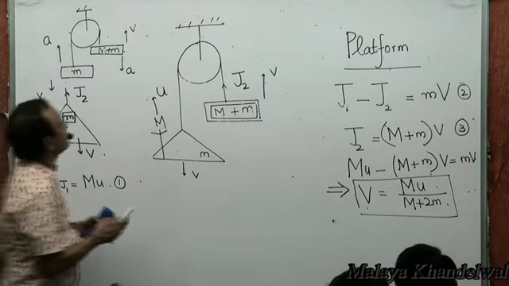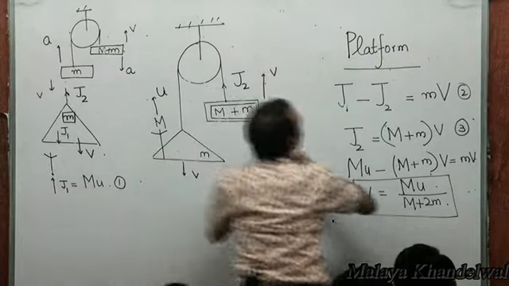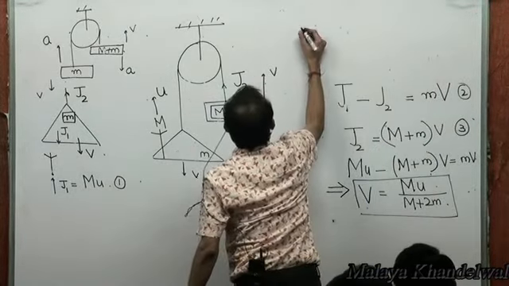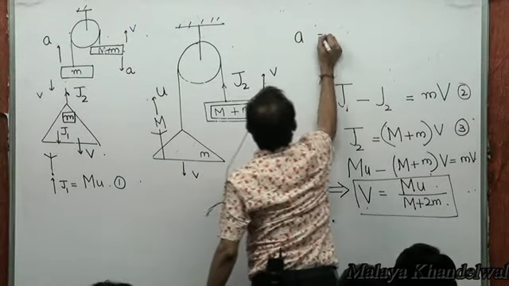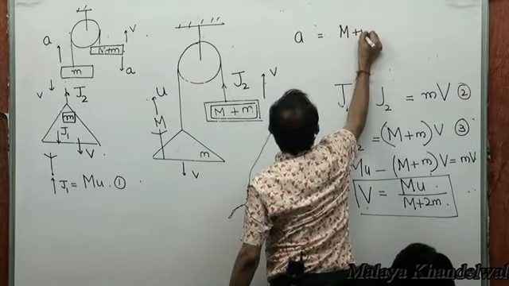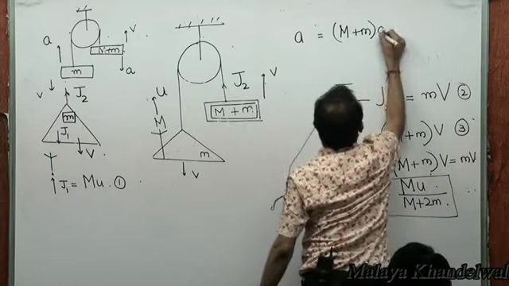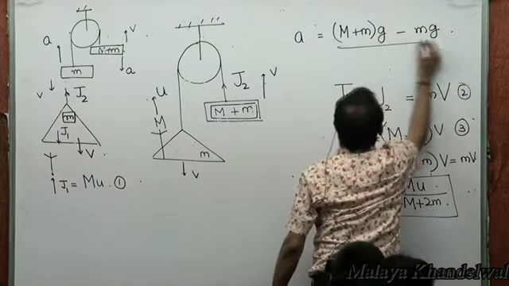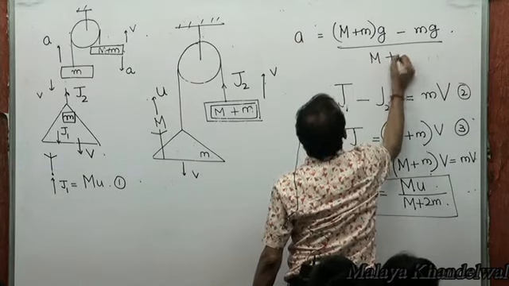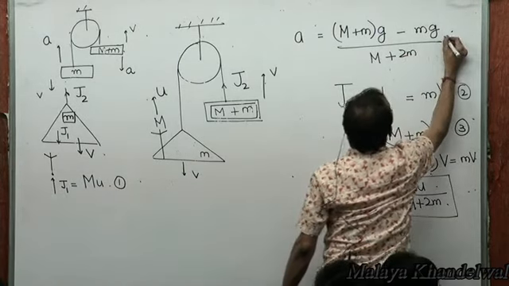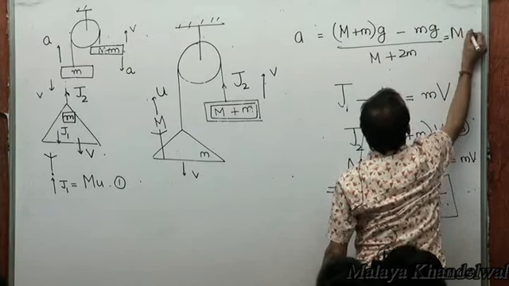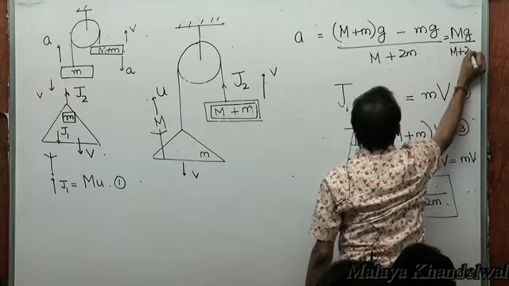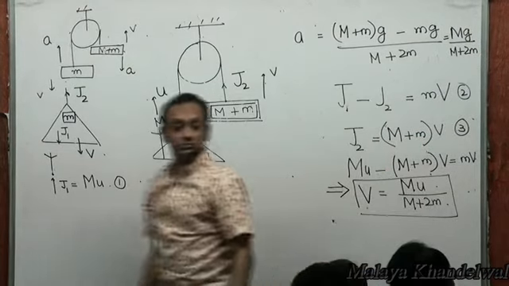So what is this a? This a, as has been computed time and again, is capital M plus small m into g minus small m into g divided by the sum of the masses, which is capital Mg divided by capital M plus 2m. Yes or no?